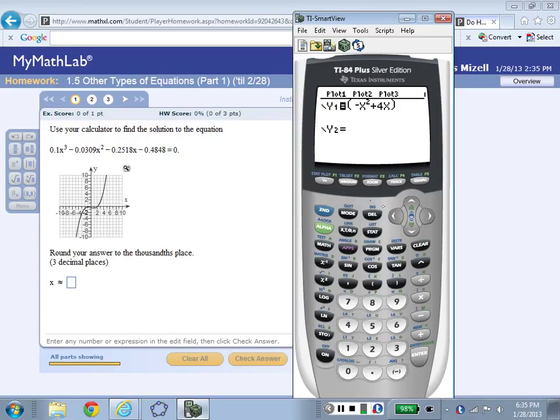So we want to graph y equals the left-hand side, and the print might be a little small, but I'll try this. 0.1 x, and the calculators differ somewhat, but when you press that, it might be a hat, and then to the third power, minus 0.0309 x squared, minus 0.2518 x minus 0.4848.